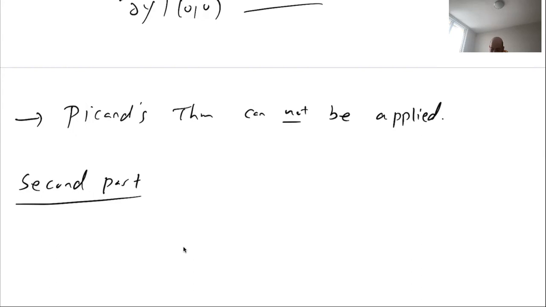So guess number one, y equals 0 is a solution, because y prime will be 0 and 2 root absolute value y will be 2 root 0, which is 0. So y prime will be the same as 2 root absolute value y. And obviously y equals 0 satisfies y of 0 equals 0.